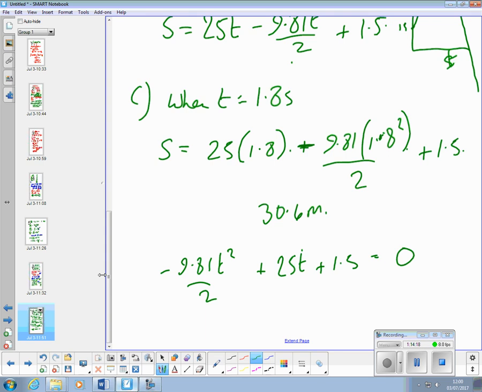Right? You then solve that quadratic equation, i.e. you find the roots. So you use the quadratic formula, you get a root over here somewhere, which is useless because it's negative time. This is the one we're looking for. So the positive root answer to that quadratic equation is the time when the ball hits the ground again. You should get 5.16 seconds.